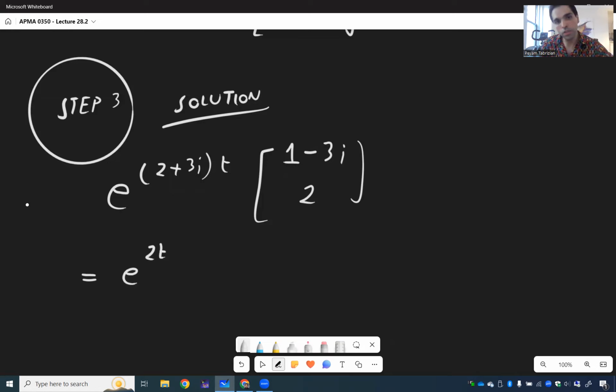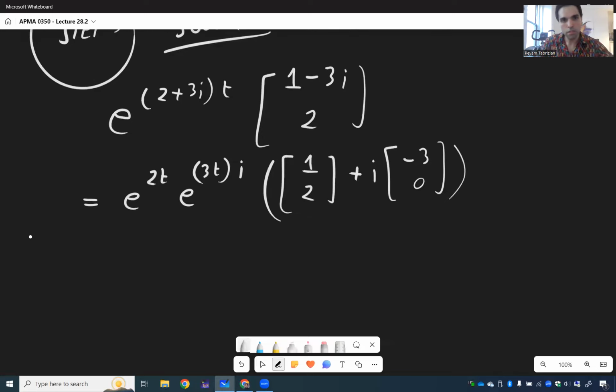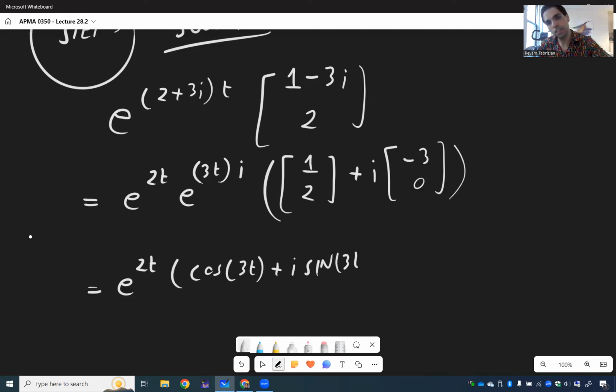So this is e to the 2t, e to the 3ti, and then (1, 2) plus i (minus 3, 0). And again, you foil everything out. But before that, use Euler's formula. So (cosine 3t plus i sine of 3t) times ((1, 2) plus i (minus 3, 0)).